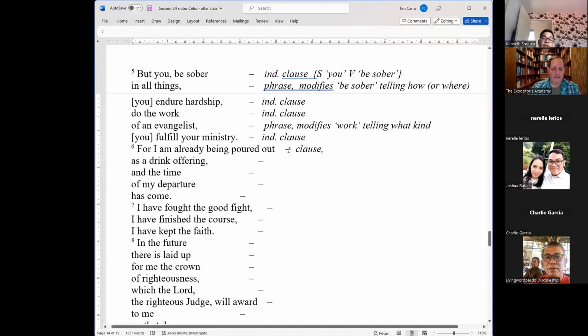Dependent. How do you know that? There's a clue right at the beginning there. How does the clause begin?